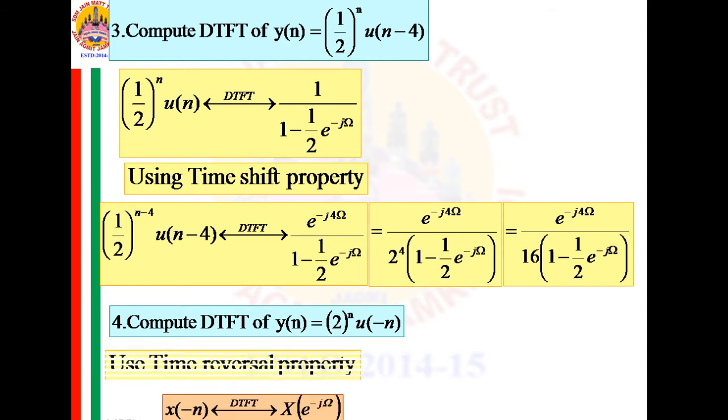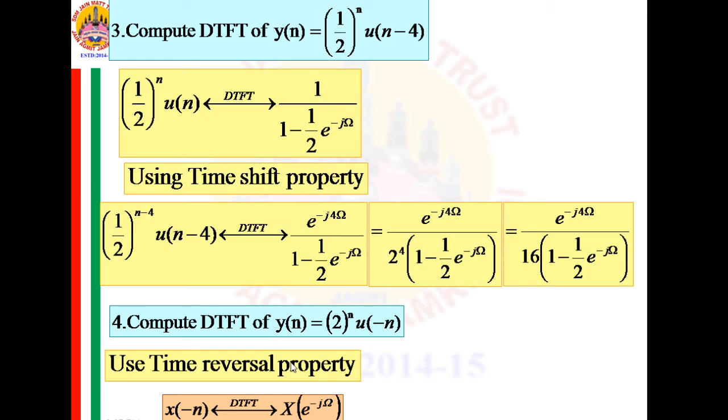So, what does the time reversal property say? Time reversal property says that the DTFT of x of minus n is X of e raised to minus j ohm. So, if the DTFT of any a raised to n u of n is known, then if every n is replaced by minus n, the DTFT of a raised to minus n u of minus n is found by replacing ohm with minus ohm.